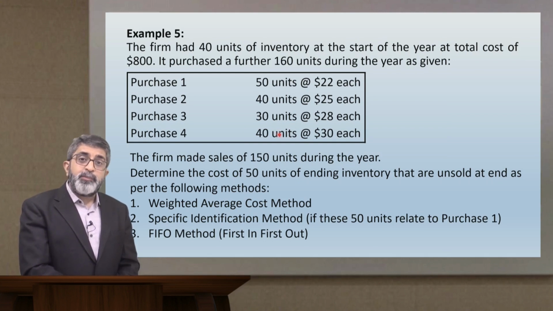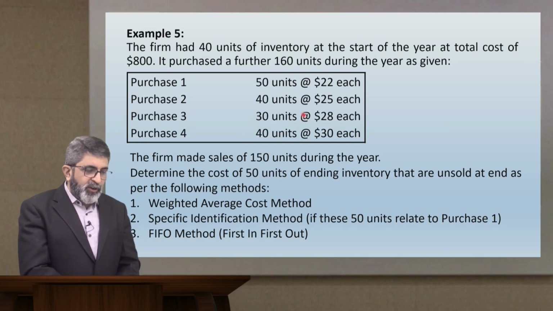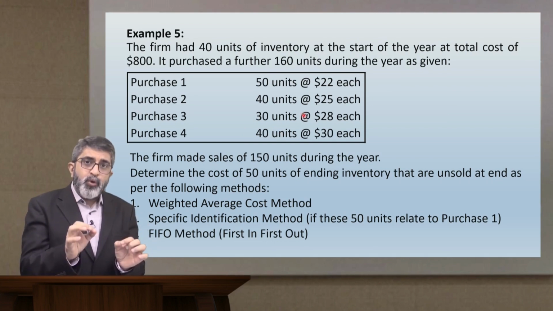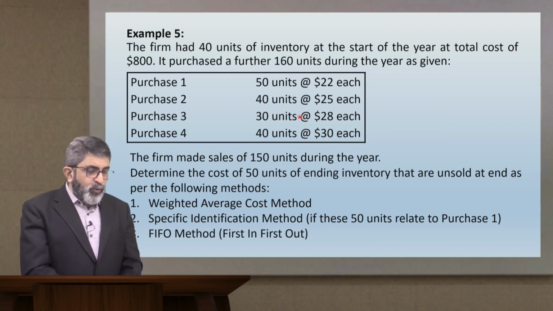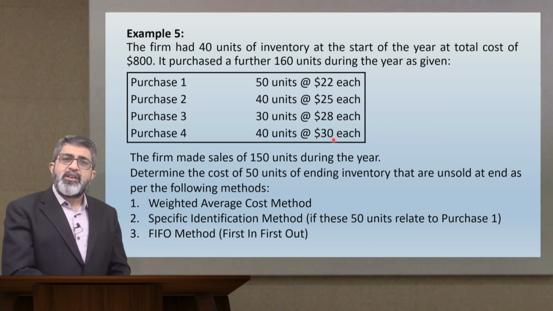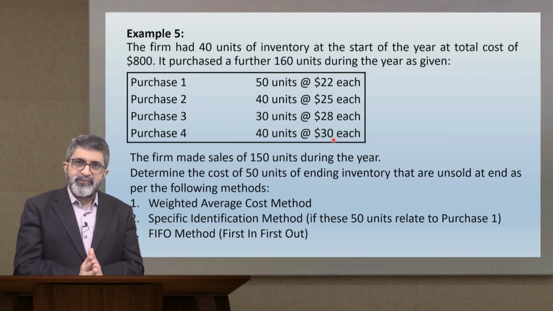That means 40 units pertain to purchase 4, so the balance 10 units must pertain to purchase 3. So to find the value of inventory as per the FIFO method, I will take 10 units from purchase 3, apply $28 per unit, and 40 units from purchase 4, apply $30 per unit. That gives me the answer for the FIFO method.